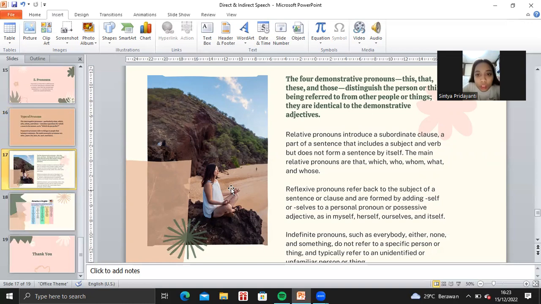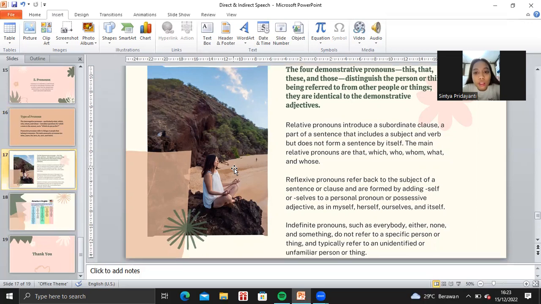The third, demonstrative pronouns, are this, that, these, and those. They point to the person or thing being referred to, distinguishing it from other people or things. They are identical to the demonstrative adjectives. Relative pronouns introduce a subordinate clause, a part of a sentence that includes a subject and a verb but does not form a sentence by itself.